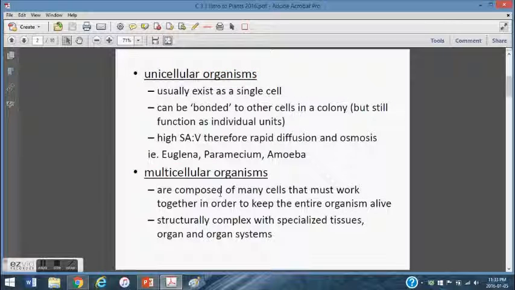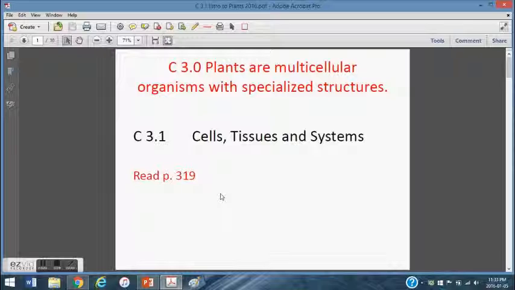So what we want to be looking at is we're going to start this off talking about plants, and we're talking about them as specific multicellular organisms that have specialized structures. Up until now, we've talked about cells in a very generic sense.